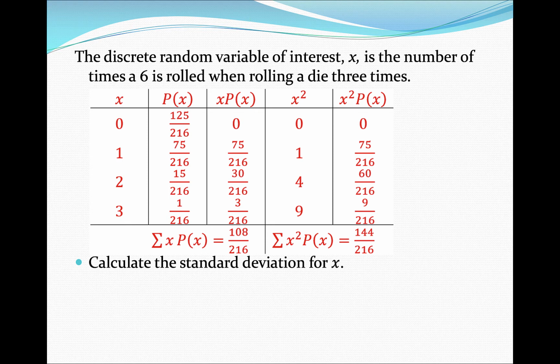And then we get 1 over 216 times 9. That's 9 over 216. So that gives us the x squared times p of x values. So the first step in calculating standard deviation is, well, we have to get variance first. So you have to get this sum of x squared times p of x. That's how you start to get the variance, is through this sum of x squared times p of x. That is always your first step.